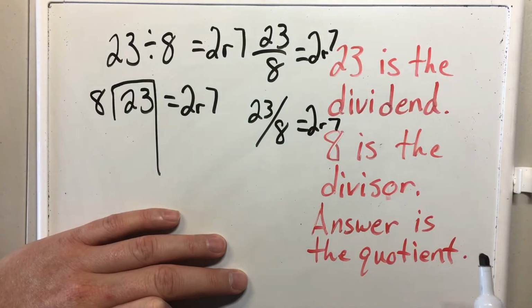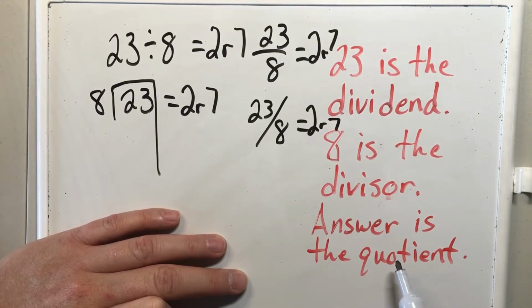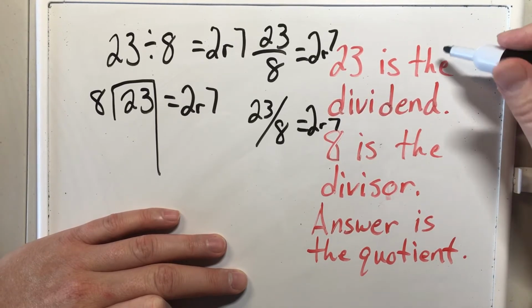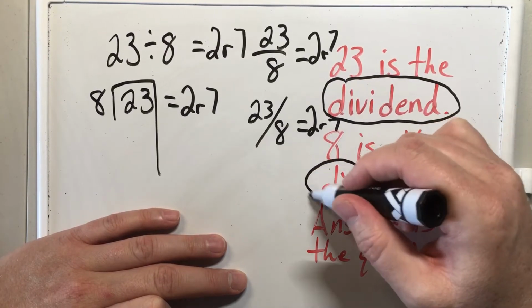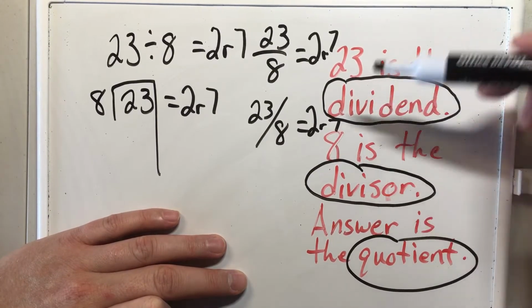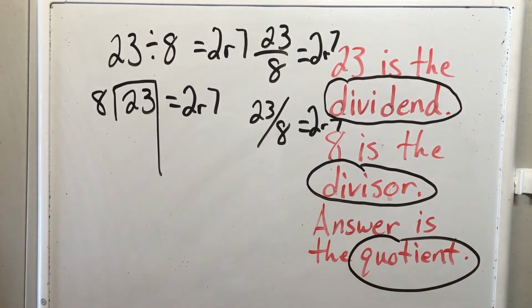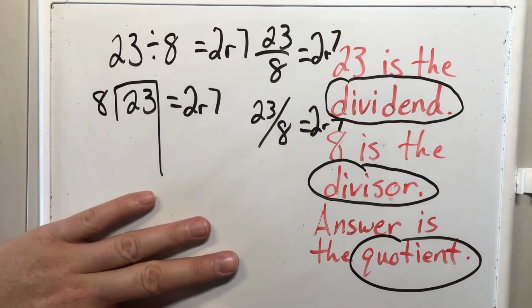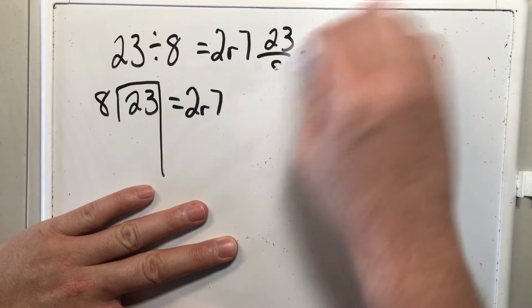And in this case, 2R7 is the quotient. So as long as you understand what a dividend is and what a divisor is, then you can understand what a quotient is. And it'll help you to be able to see all these different ways to express a division problem. Let's go ahead and take a look at the partial quotient strategy.